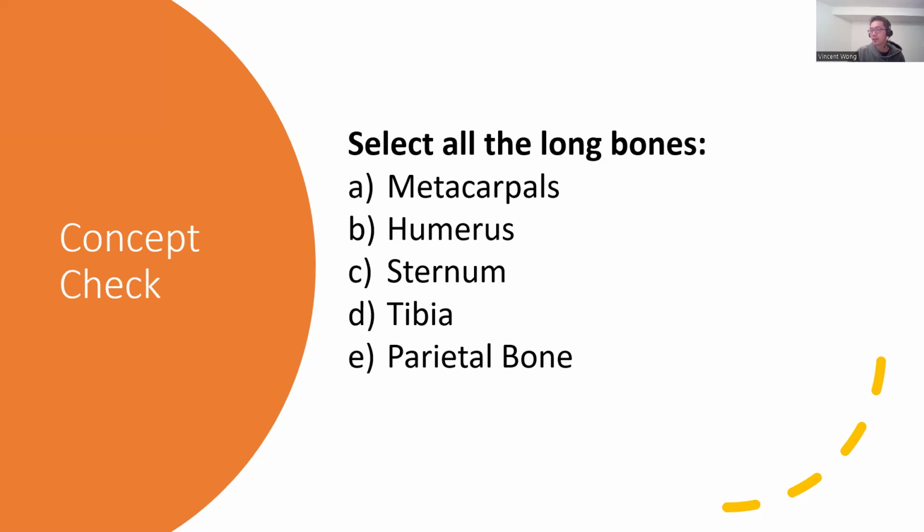Okay, thank you. There is a humerus, yes. Metacarpals, that one is a little bit unclear, right? But metacarpals are also considered as long bones. Sternum is flat. Okay, tibia, for sure. So ABD.